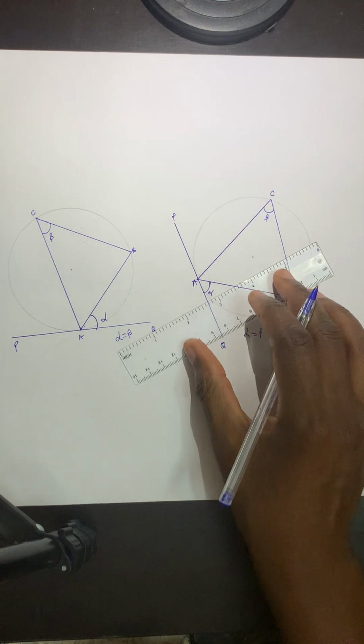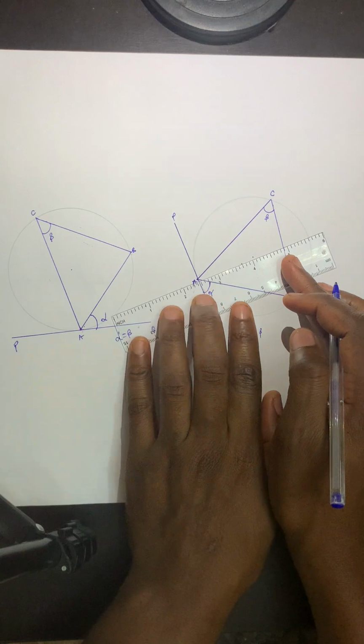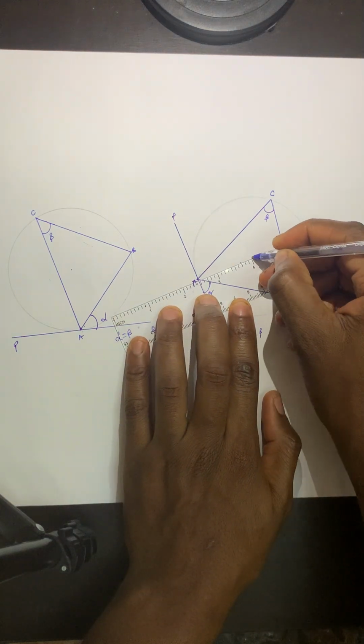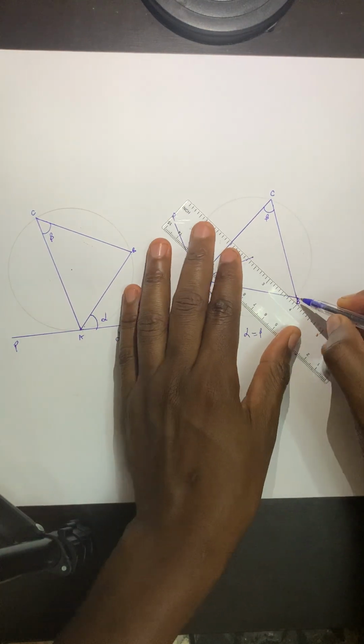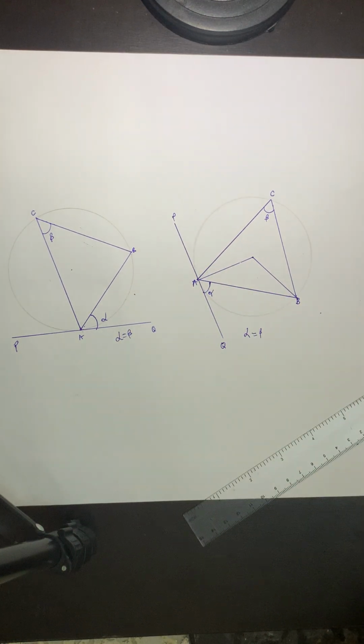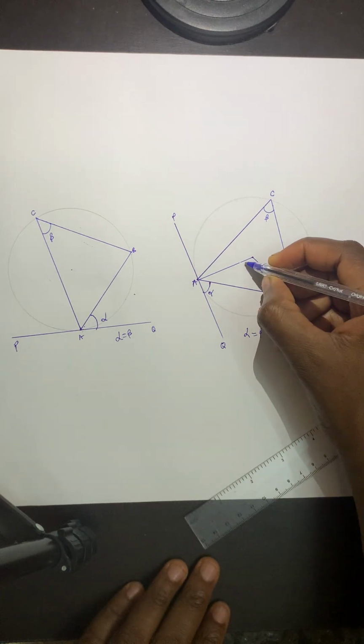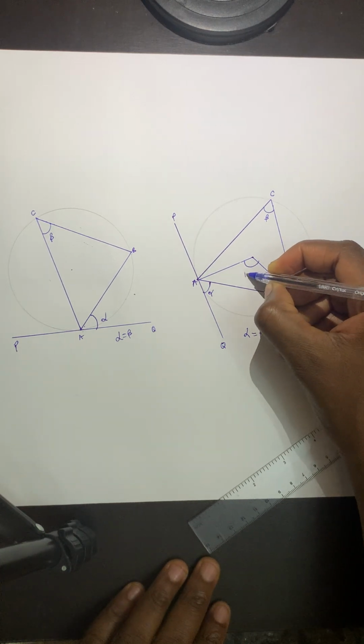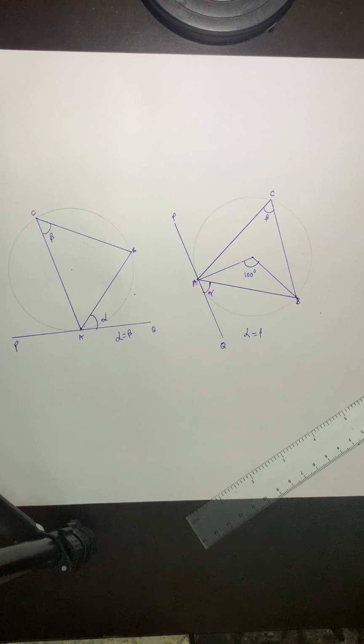So if at this point here I have something like this, and this angle here is 100 degrees, can I find beta? Can I find alpha?